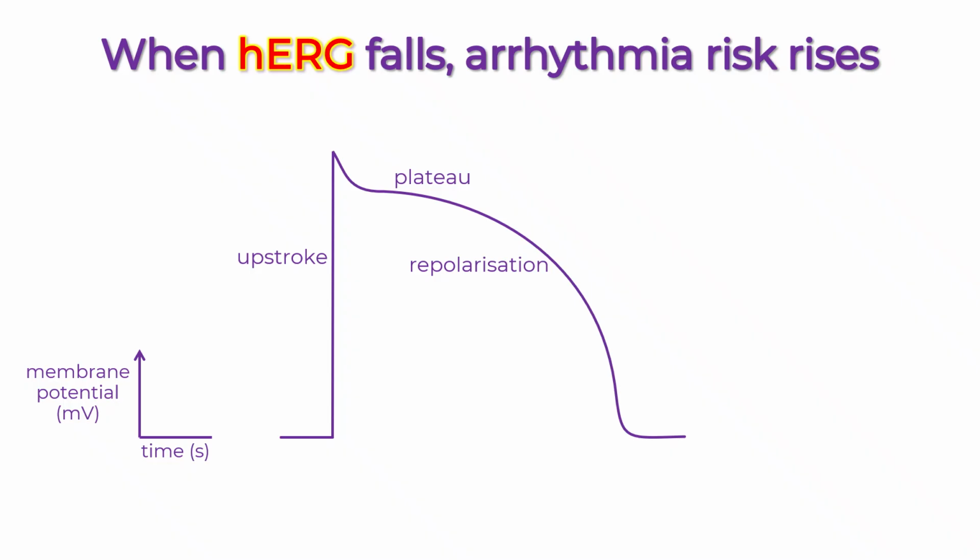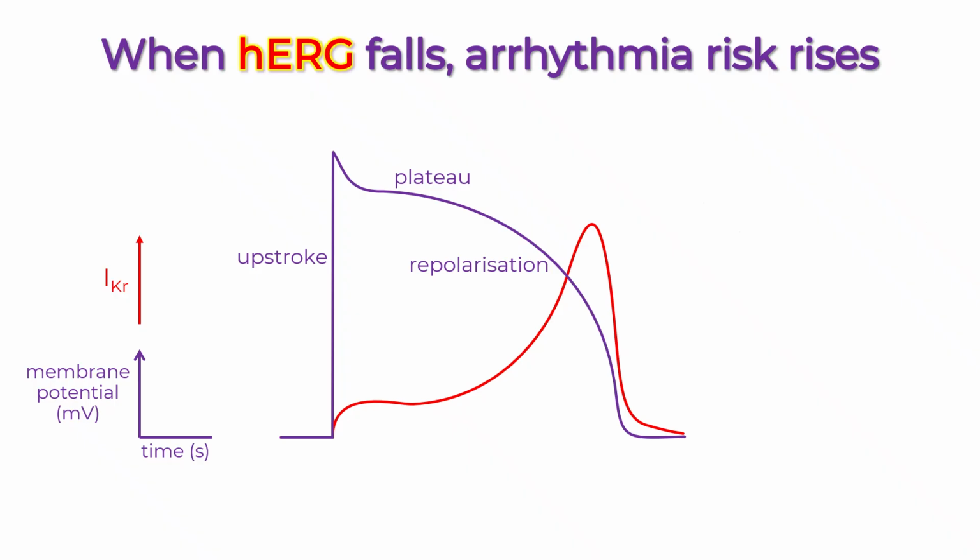Now place that timing into a ventricular action potential. Following the upstroke, hERG channels activate slowly and inactivate rapidly, so only a small fraction conduct. As repolarisation begins, they recover from inactivation and briefly reopen before deactivating. The resulting outward potassium current helps terminate the action potential and return the cell towards its resting potential.